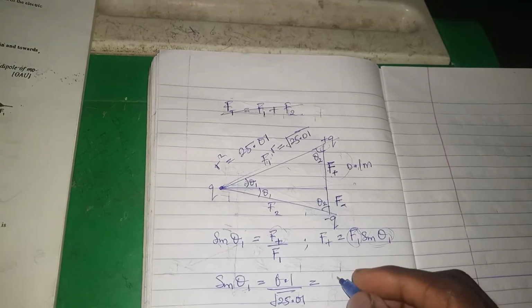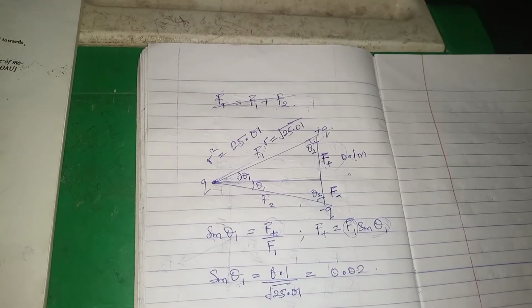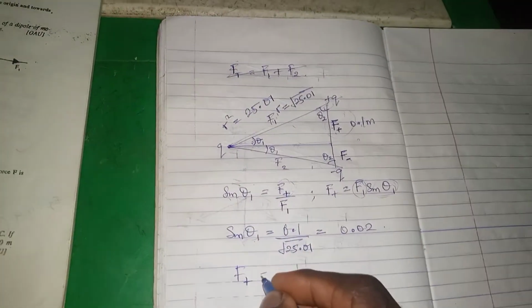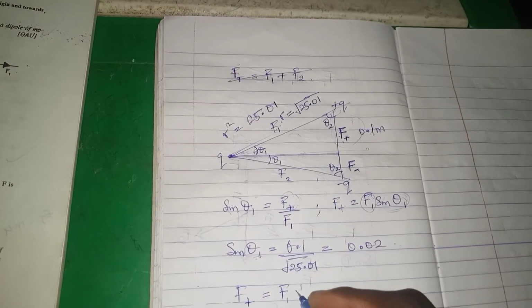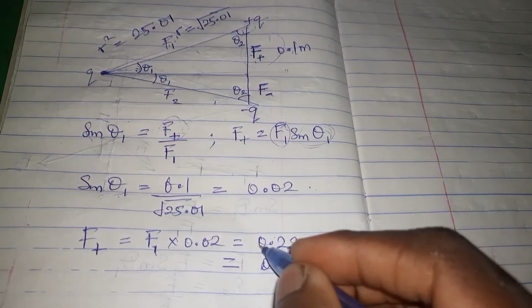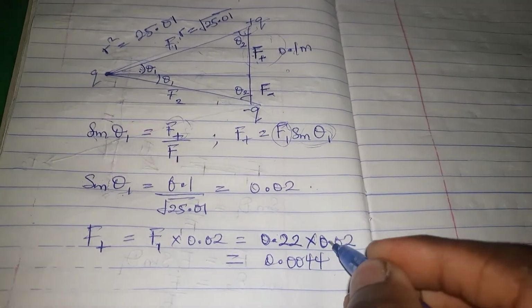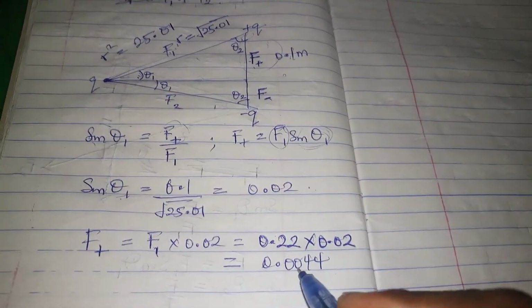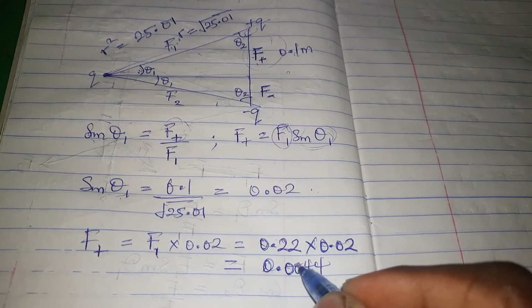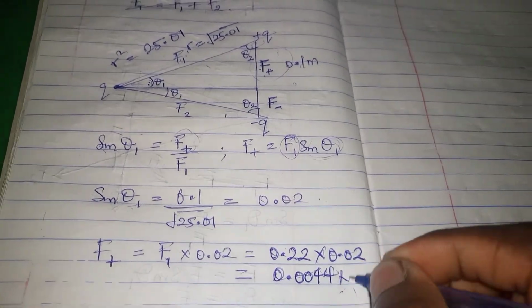So that's going to give you 0.02. So in this case now, F plus is F1 times 0.02. F1, which we have calculated, was 0.22, now times 0.02. So that will give us 0.0044. That settles F plus.